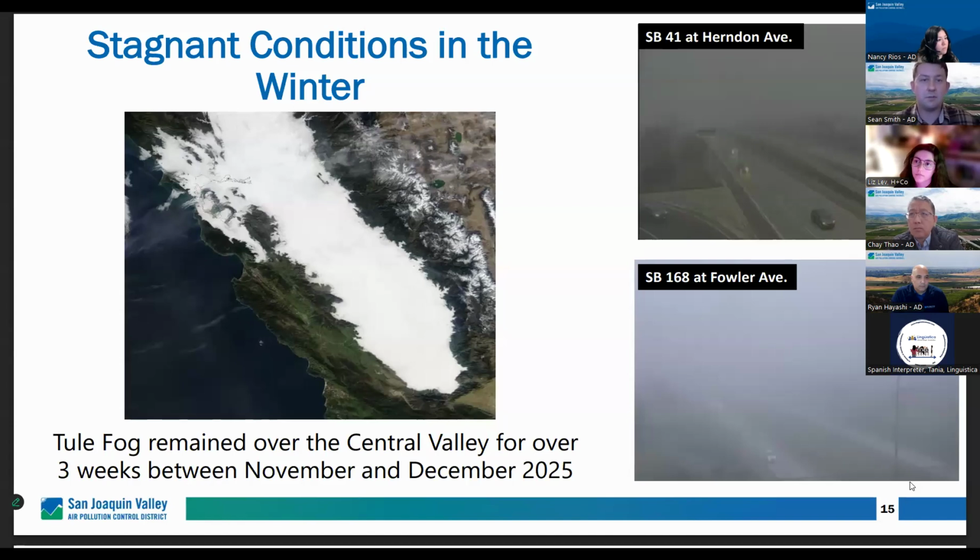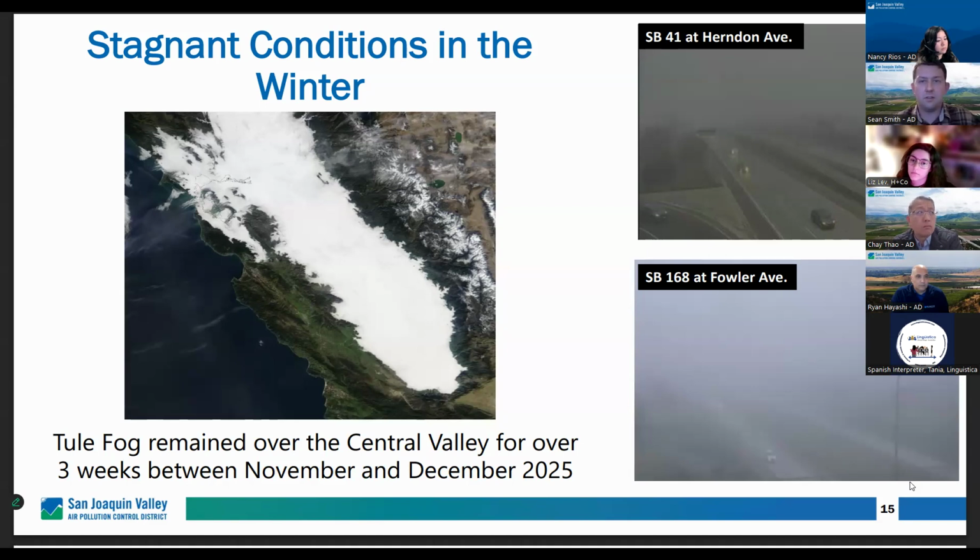It ended up totaling 30 days in all of dense Tule fog, as you see depicted on the NASA satellite imagery here. And on the right side, we have Caltrans visibility along the highway cams, showing how dense that fog can actually be. What it does is basically trap that air quality within the valley and lead to worsening air quality conditions.